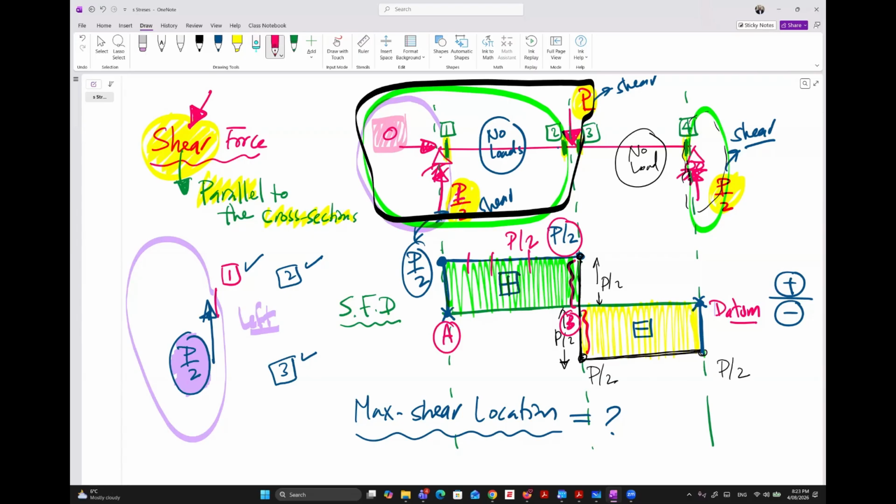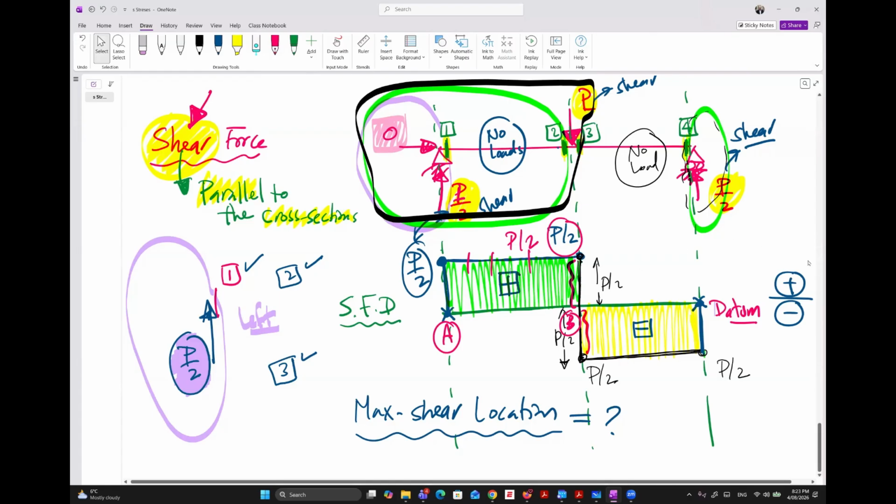So you can't just select B or A because all this value is the same, right? Do you understand what I meant here? Yes. Okay. So that's where the maximum is.